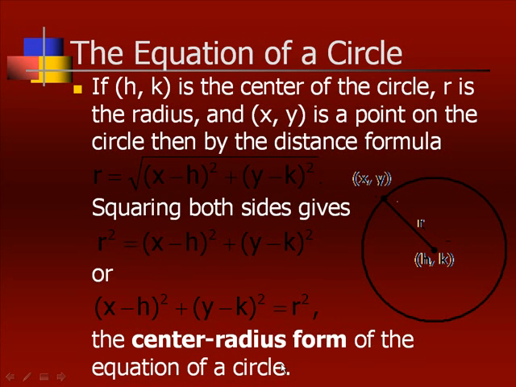Squaring both sides of this will eliminate the square root sign and give us r squared equals (x minus h) squared plus (y minus k) squared. Or if we switch sides, (x minus h) squared plus (y minus k) squared is equal to r squared. And this is what we will refer to as the center-radius form of a circle.